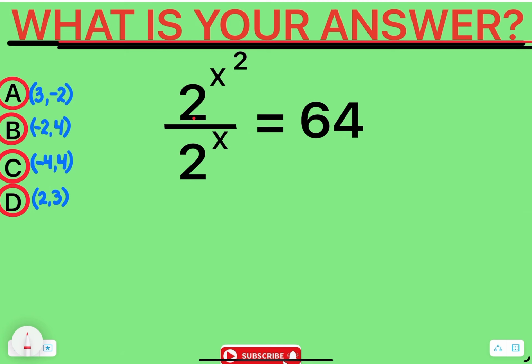We have here 2 to the power of x, another power of 2, divided by 2 to the power of x equals 64. The way I will solve this, as you remember, we have this formula: a to the power of n divided by a to the power of m equals a to the power of n minus m.